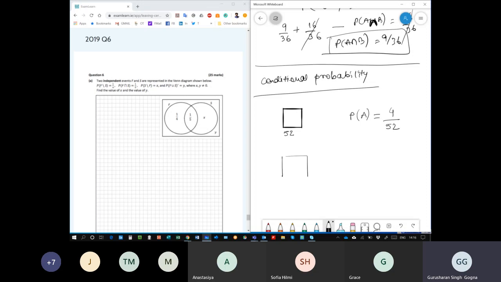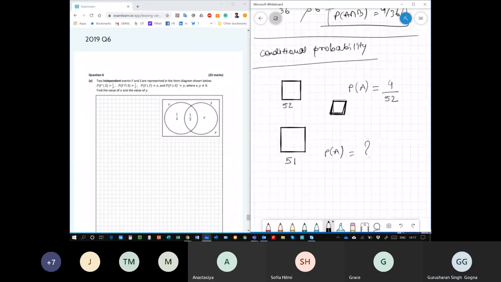But now let's say I kept this card here and I'm not disclosing this. Okay, the first card. Now how many cards are left? 51. And I want to find out the probability of an ace again. Anybody can guess what is the probability of getting an ace now in the second attempt? Any idea?